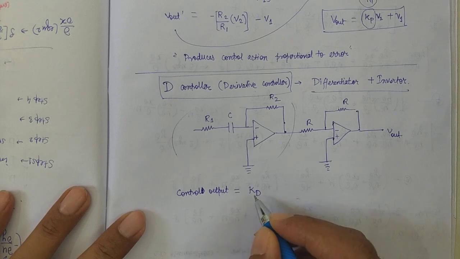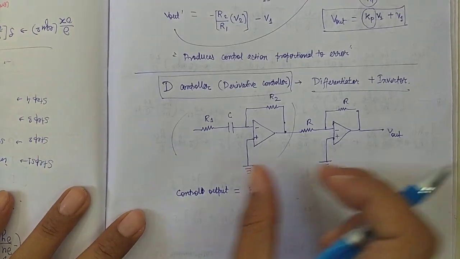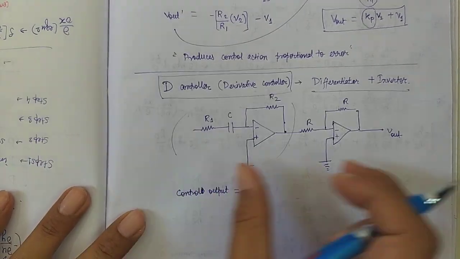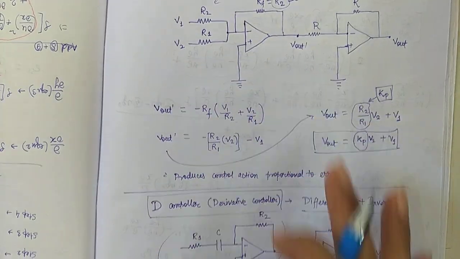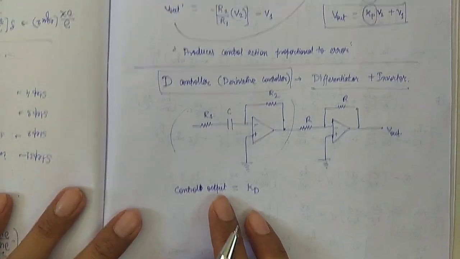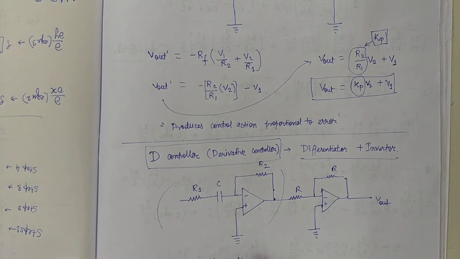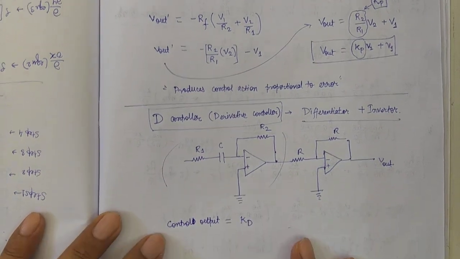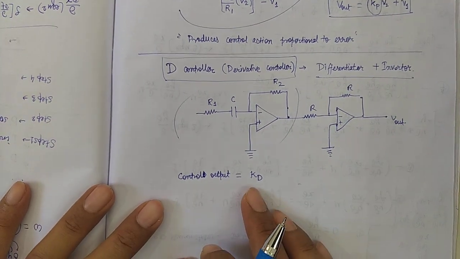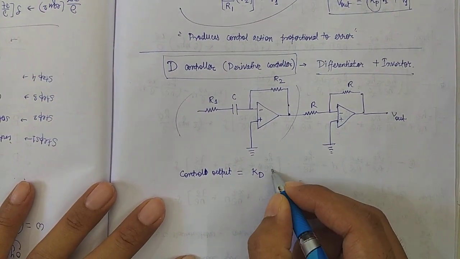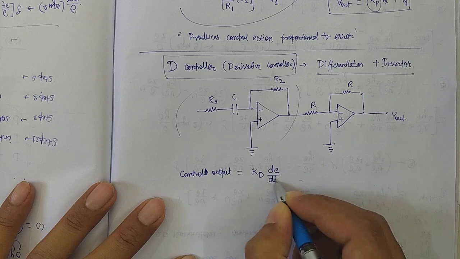We will not go into those details. Yes, it's a combination of these two. You will see these things in more detail in your electronics courses. So this is KD times dE by dt essentially.